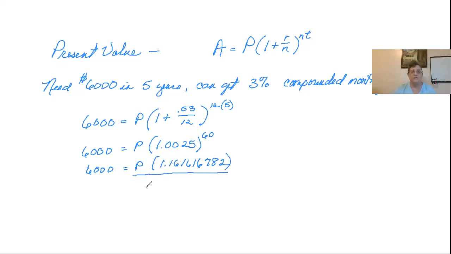So I'm going to divide both sides by this number. I'm sure I don't need this many digits. Now, one thing I can do to cheat a little, I've already got this number in the window.